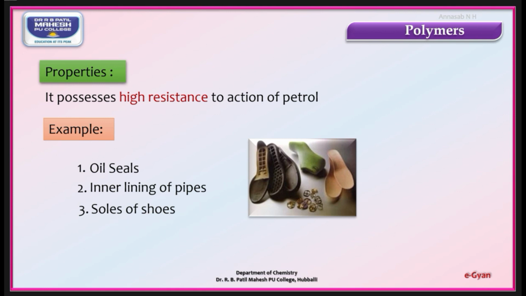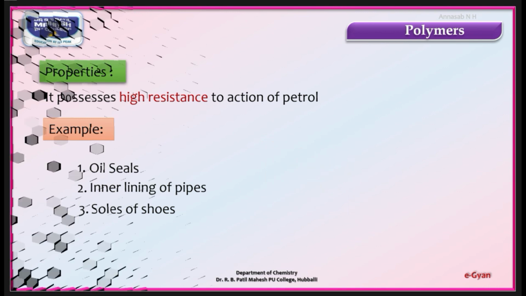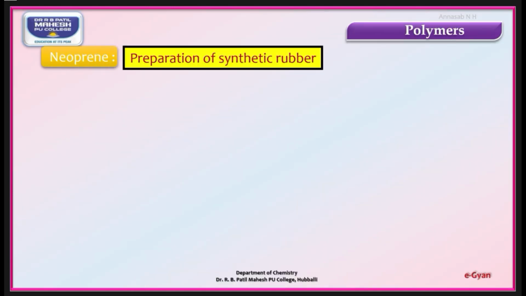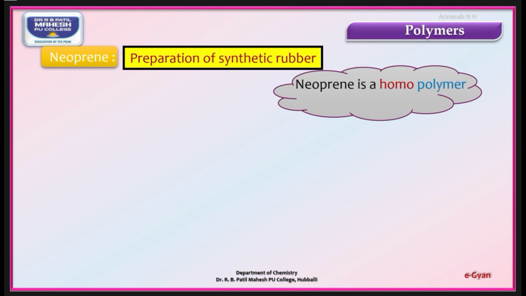Dear students, we are learning preparation of synthetic rubber. We continue that with neoprene rubber and butyl rubber. Neoprene rubber. Neoprene is a homopolymer of chloroprene. Isoprene, we learned, is 2-methyl-1,3-butadiene.